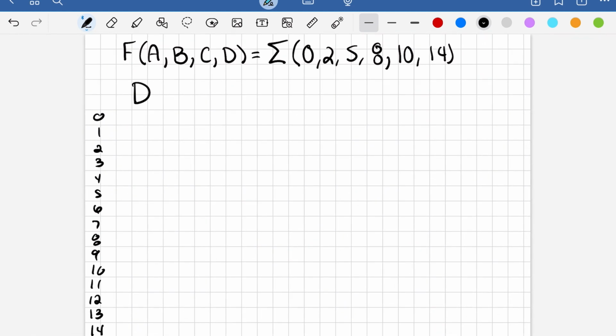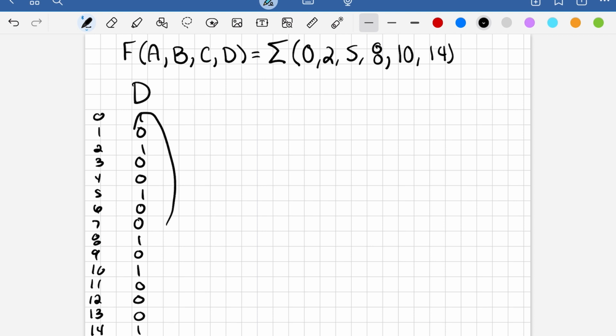So 0 is a 1, 2 is a 1, 5 is a 1, 8 is a 1, 10 is a 1, and 14 is a 1. The rest are zeros.